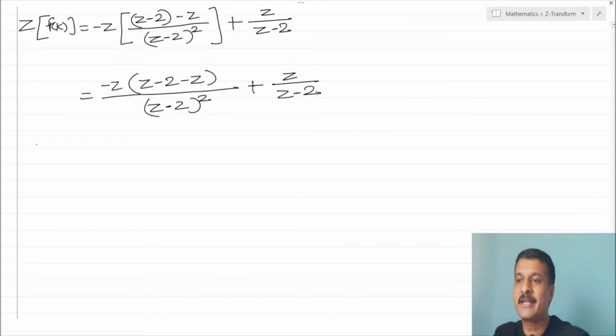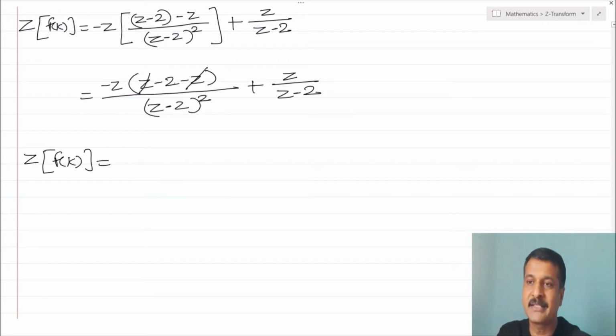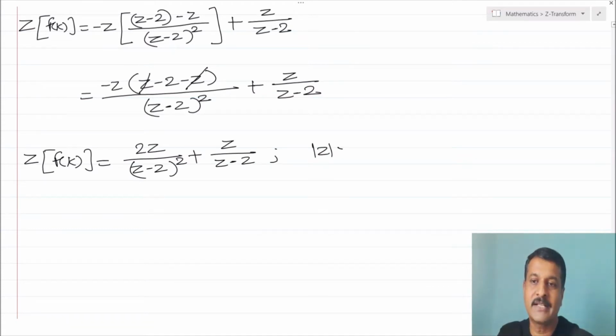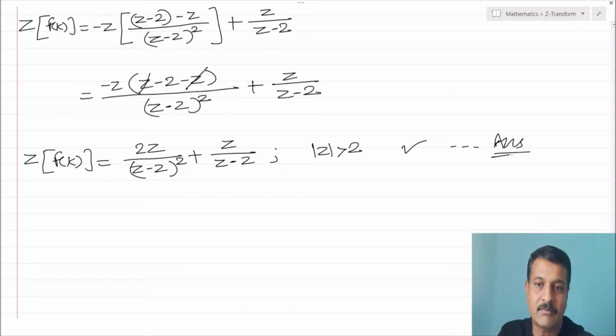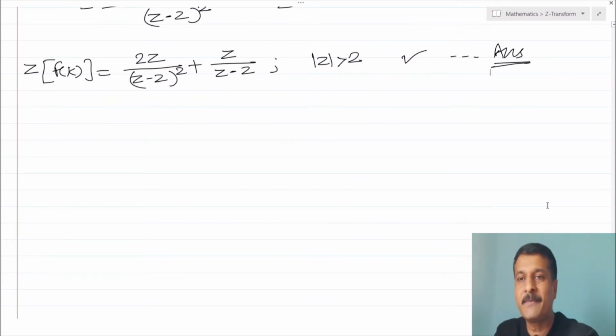And that is why I am getting the z transform of f of k equal to, note that here minus z plus z get cancelled and remaining is minus 2 into minus z, which is 2z upon z minus 2 whole square, plus z upon z minus 2. What is the condition? Mod of z is greater than 2, which is your required z transform of the given f of k. One may simplify more if you want, otherwise this is your final answer.